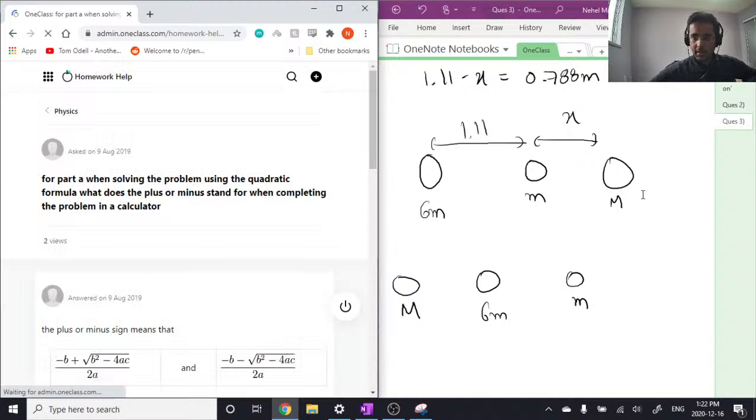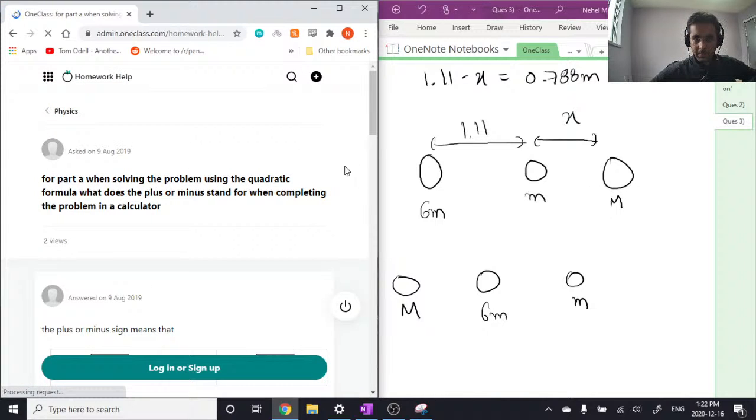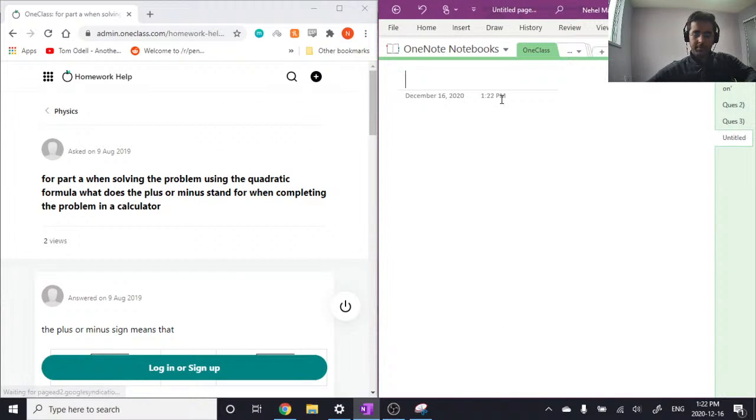All right. Let's go to question number 4. For question 4, part A, when solving the problem using the quadratic formula, what does the plus or minus stand for when completing the problem in a calculator?